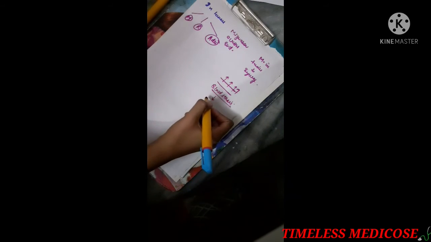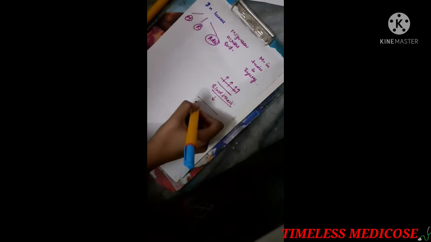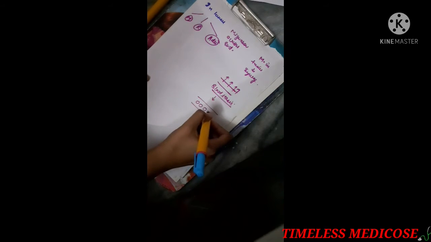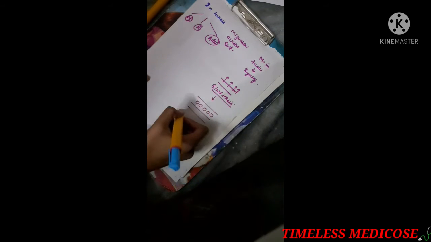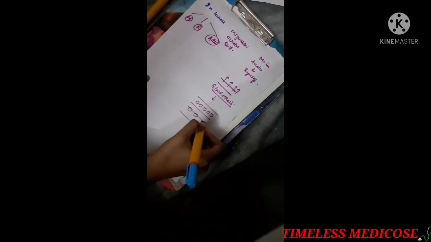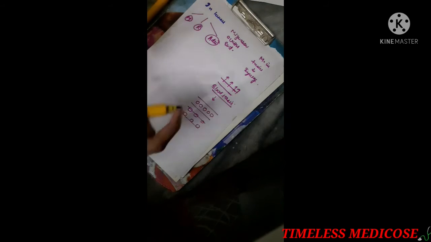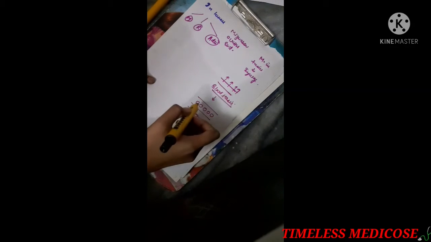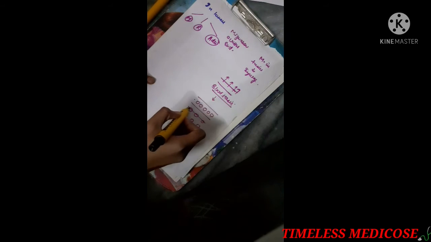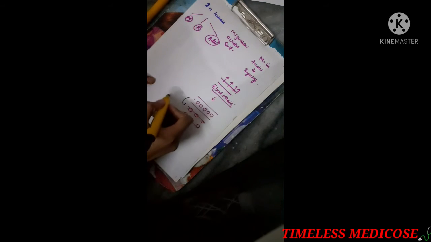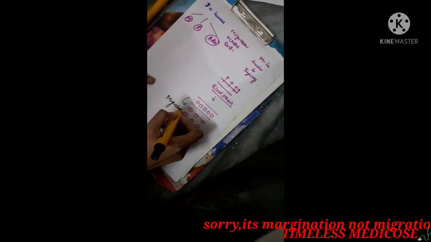As the blood stasis occurs, the cells which were normally present in the center tend to come to the periphery. This movement of the cells from the center to the periphery is known as margination.